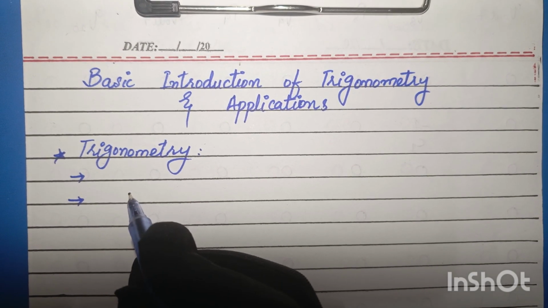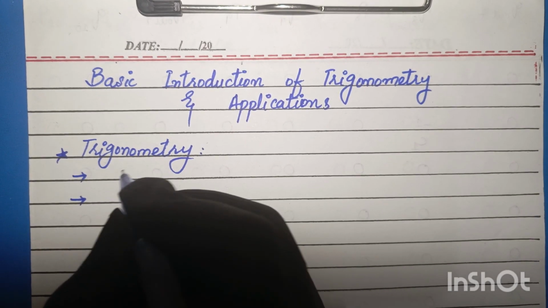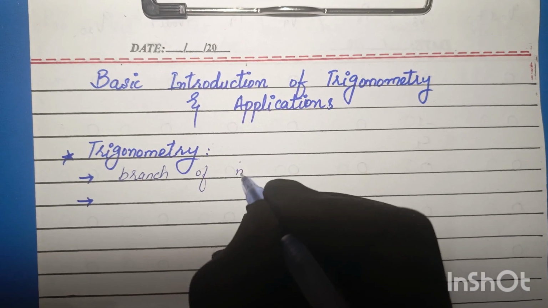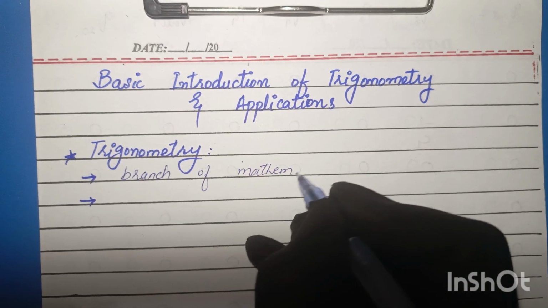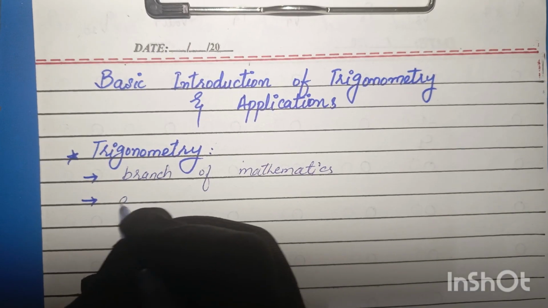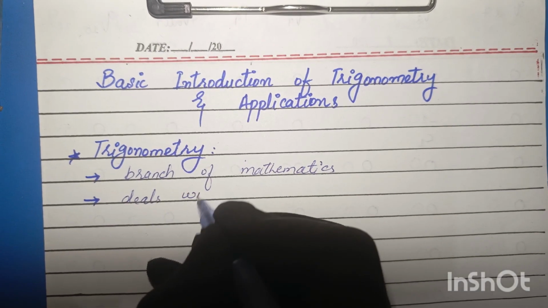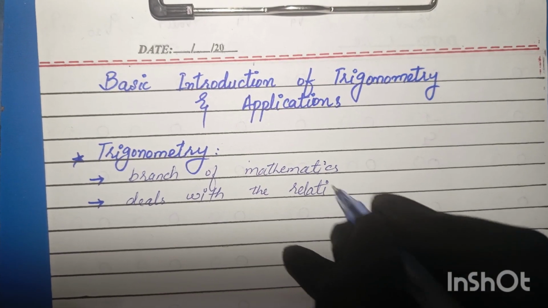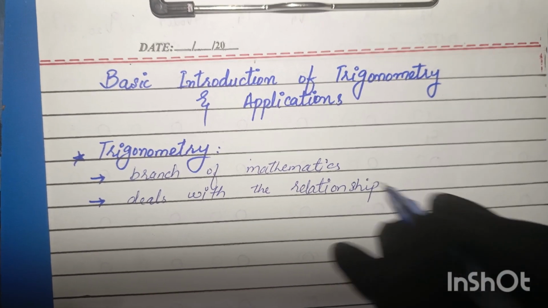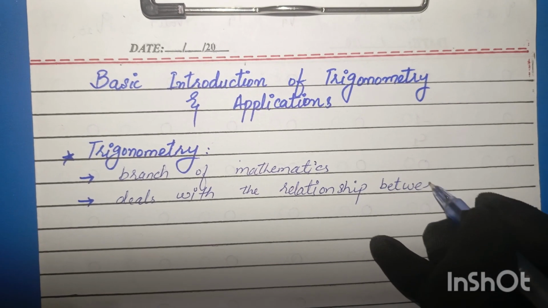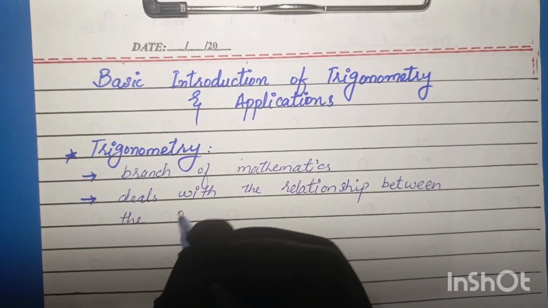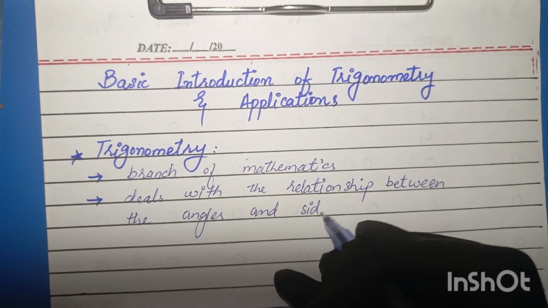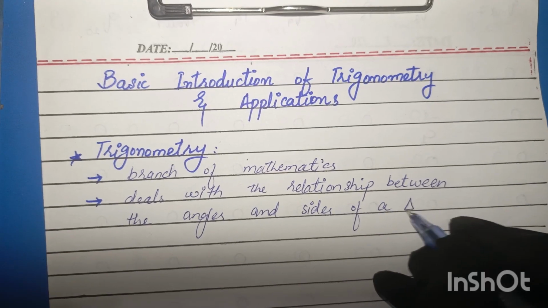Today I will give you the basic introduction about trigonometry. Trigonometry is basically a branch of mathematics which deals with the relationship between the angles and sides of a triangle.